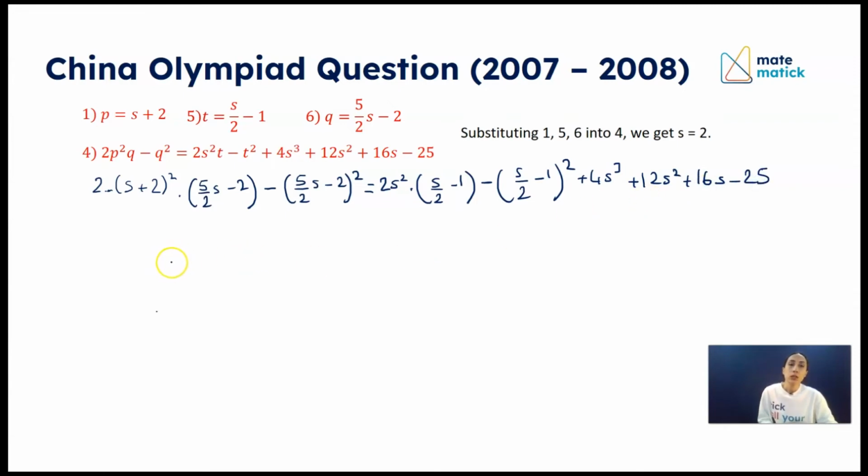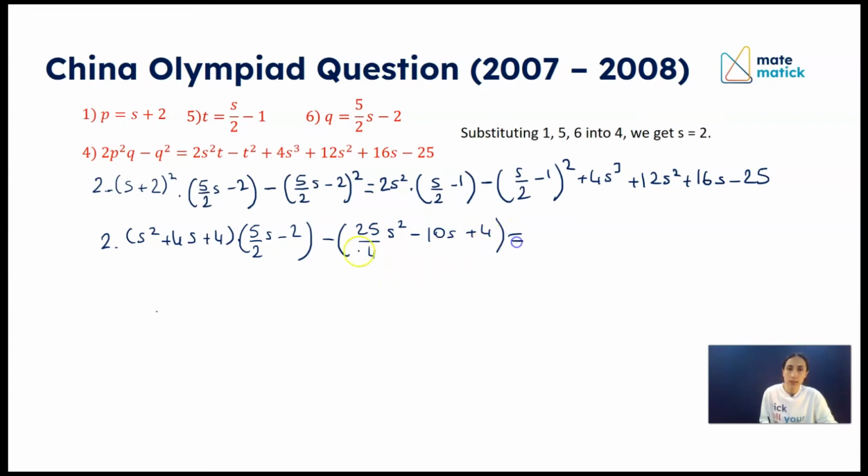Okay, so let's first begin with only this side of the equation. Let's make it much simpler. Here we have 2 times (S squared plus 4S plus 4) times (5 over 2S minus 2) minus (25 over 4 S squared minus 10S plus 4).